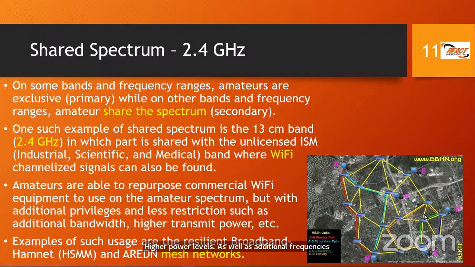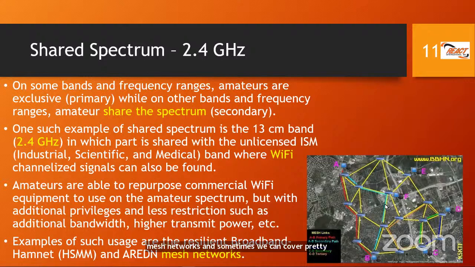So we create mesh networks, and they also tend to be relatively high speed compared to the other speeds generally available on amateur radio. We utilize this band in such a way that we can create mesh networks, and sometimes we can cover pretty wide or large geographic areas.